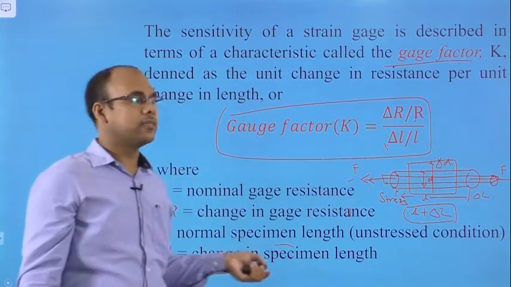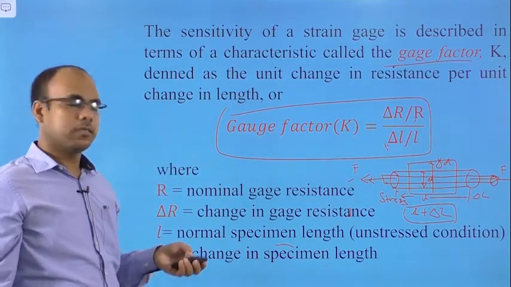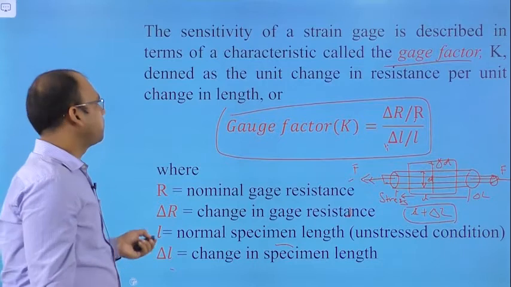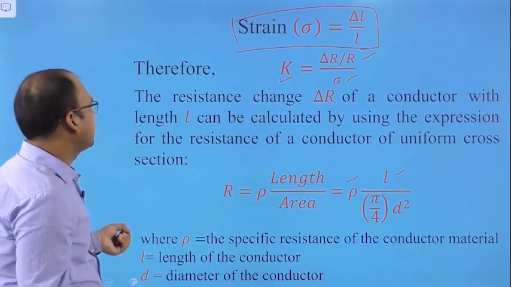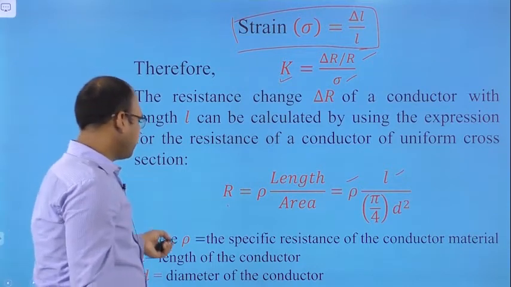So length and diameter are inversely proportional to each other, right? From here we can see.